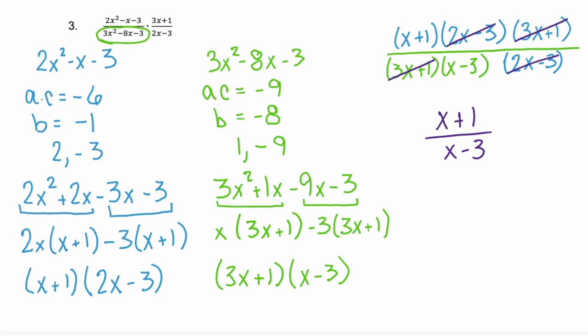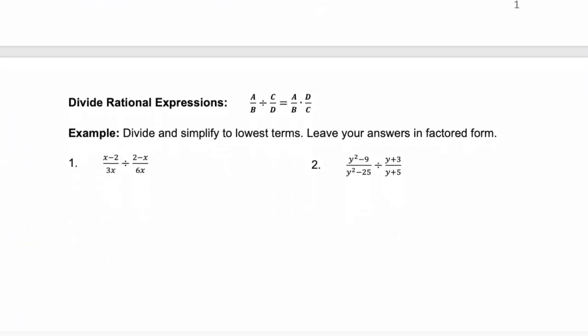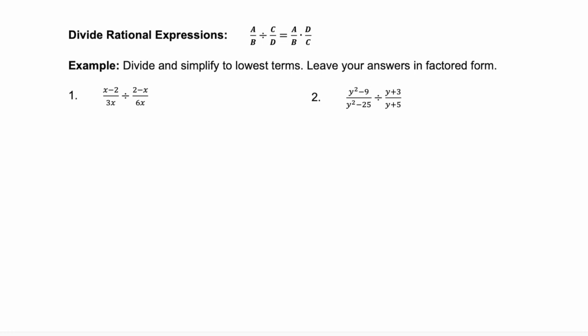So let's move on to page 2, and in page 2 we look at how to divide rational expressions. When you're dividing rational expressions, you're really still just going to multiply. So you have the first rational expression, a over b, and you're dividing it by the second, c over d.